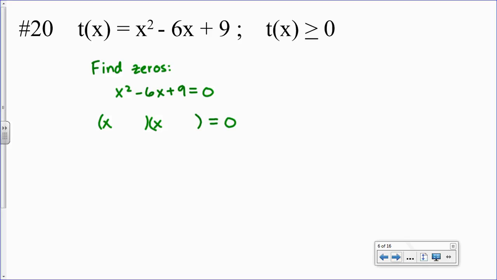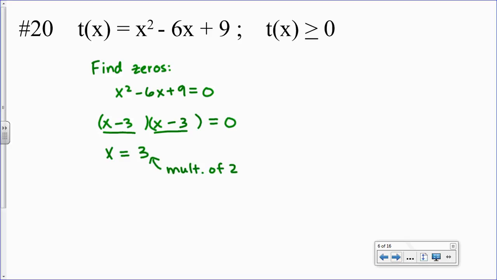So it multiplies to give you positive 9 and adds to give you negative 6. Good. Negative 3 and negative 3. So my zeros are 3 and 3. So that means that has a multiplicity of 2.